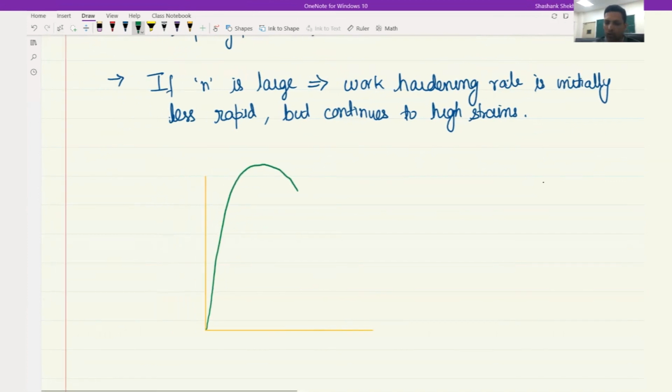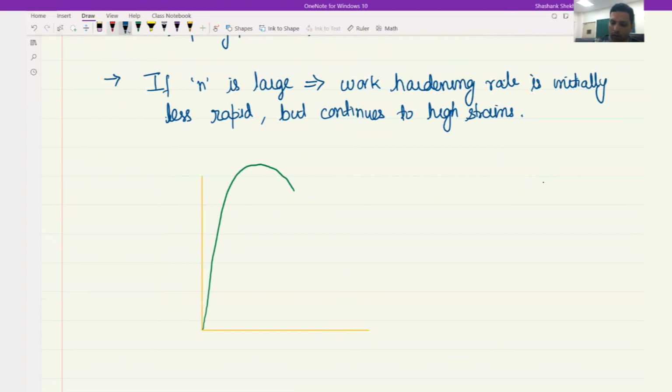So this is for low n, and for high n, this is how it would look like, assuming that it has almost the same elastic constant. So this would be the difference between low n values and high n values.